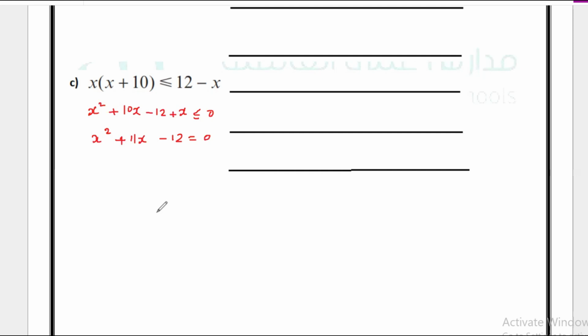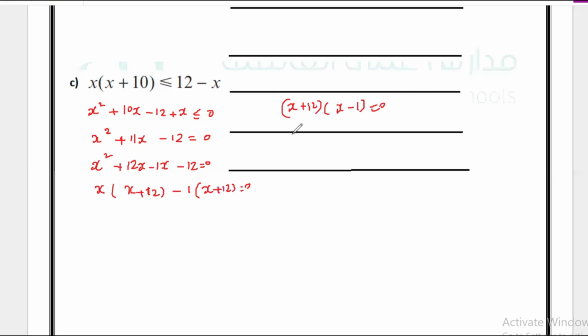So 12 and 1 will work for us. So x squared plus 12x minus 1x gives me 11x, and the product of these two is -12, so -12 equals 0. So here x is common, so x plus 12, and here -1 is common, so x plus 12. It means we are getting x plus 12 and x minus 1. So x is equal to -12, x is equal to 1.